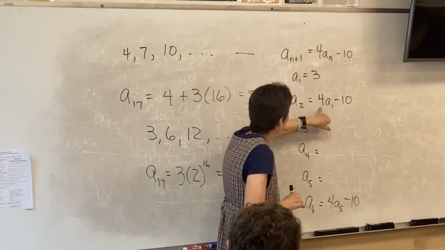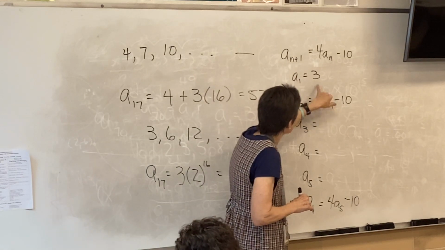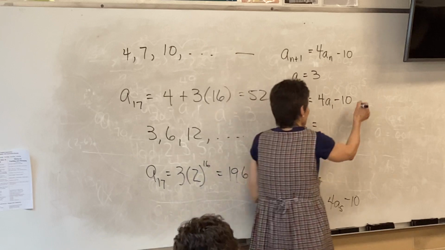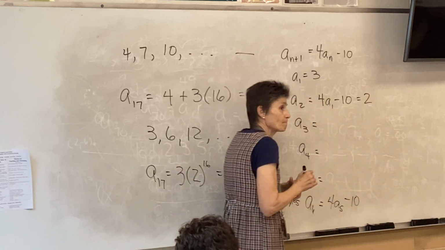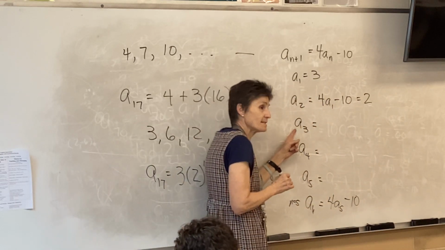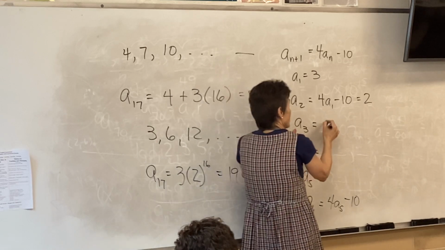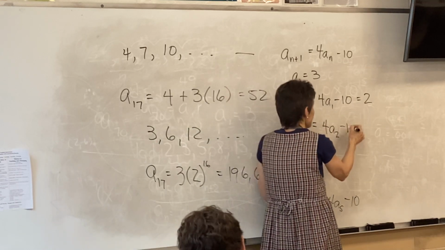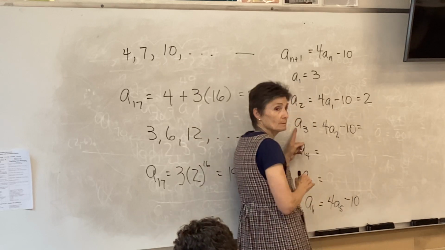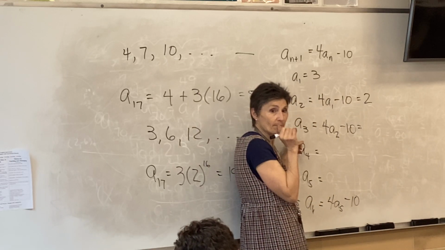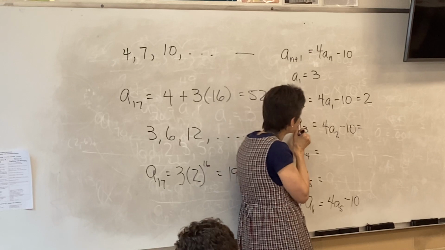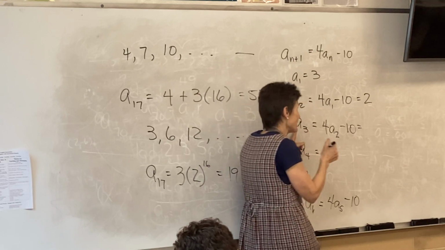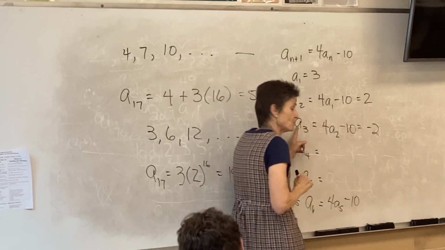Okay, so 4a sub 1 is 12. Okay, so is that 2? Okay. So now what's a sub 3? 4a sub 2 minus 10. Right? So what's that? Negative 2? Isn't that negative 2? Is that what you said, negative 2?